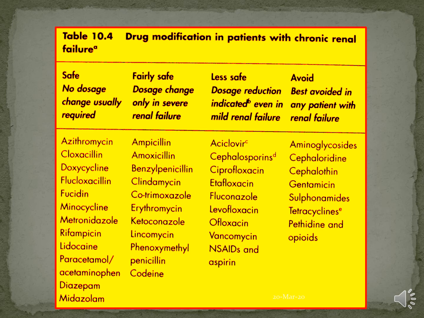Our spectrum of drugs will be metronidazole, amoxicillin, lignocaine, and cephalosporins. Ciprofloxacin and, in very rare cases, ofloxacin, NSAIDs, and aspirin. For all these drugs, we have to know when to give, when not to give, and when to alter the dosage.